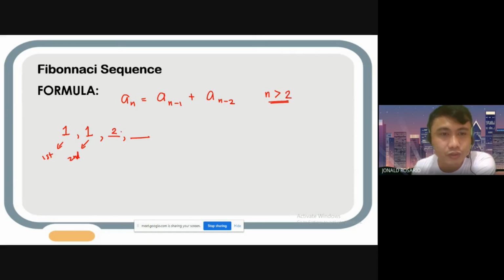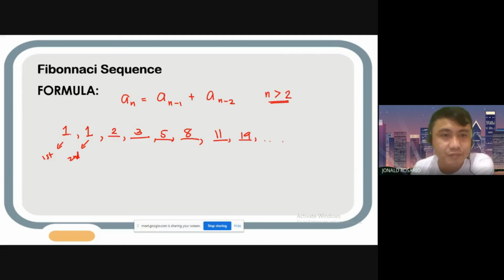Para makuha yung susunod, 1 plus 2 is 3. Para makuha yung susunod, 2 plus 3 is 5. Para makuha na naman ito, 3 plus 5 is 8. 5 plus 8 is 11. 8 plus 11 is 19. And so on.